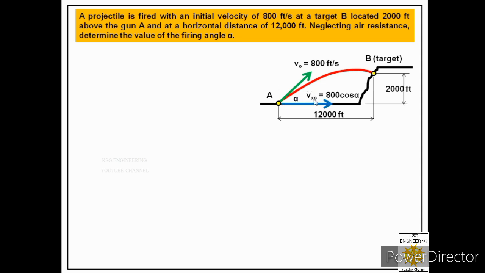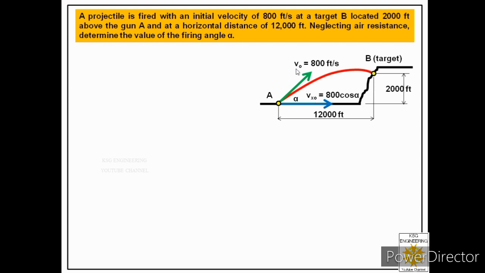So we have shown one component of initial velocity along x direction, and we have labeled that component as 800 cos alpha because the angle of this initial velocity is considered as alpha with this component, so this will be the cos component. So the value will be 800 cos alpha, and we are denoting it as Vx naught.